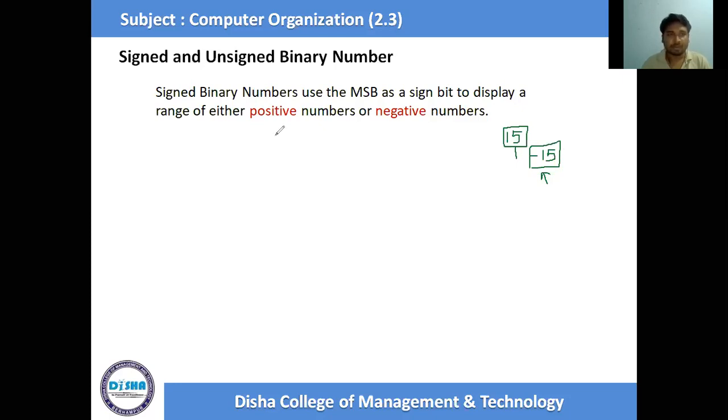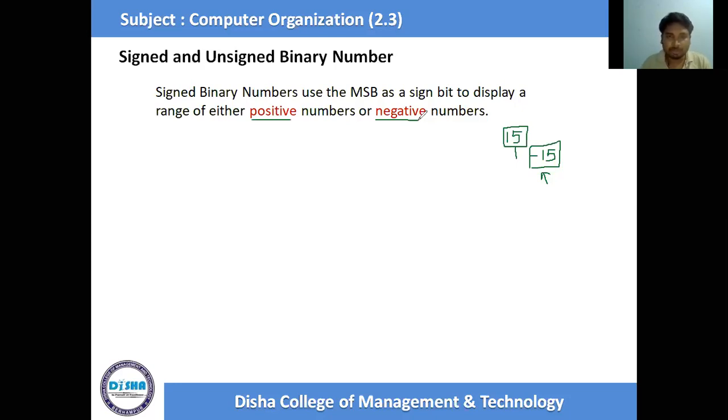Any number can be positive or negative. Again, if no sign is present in a decimal number, that is called an unsigned decimal number. If there is a sign, that is called a signed decimal number.